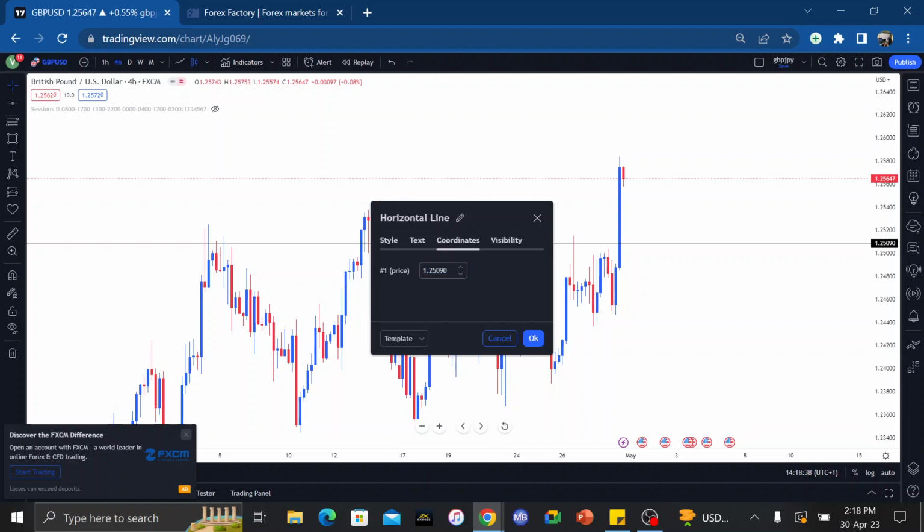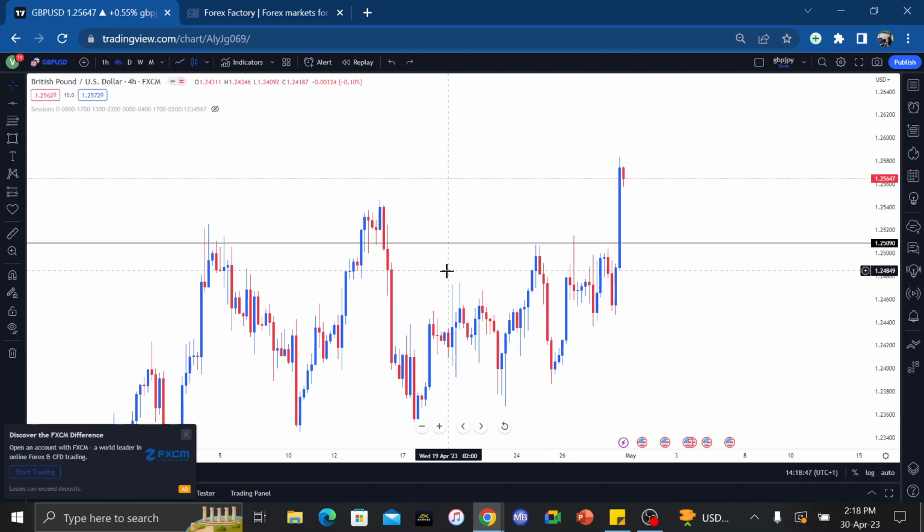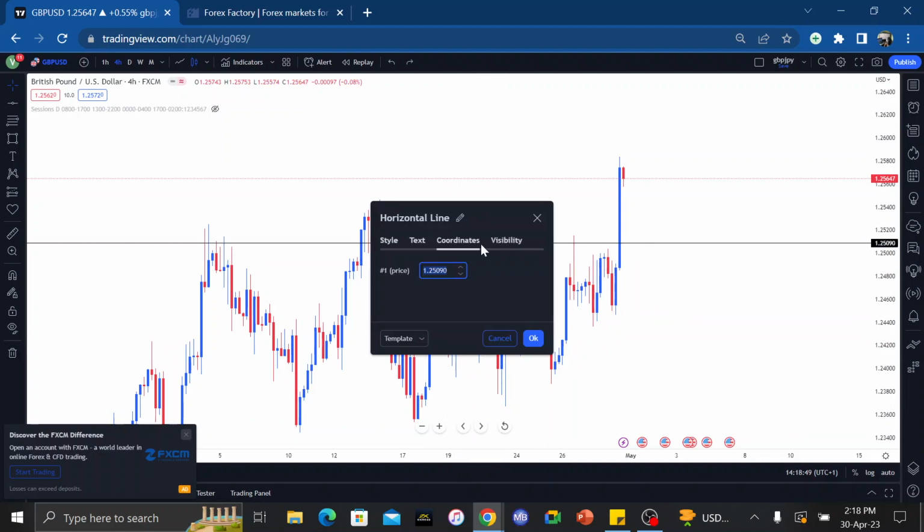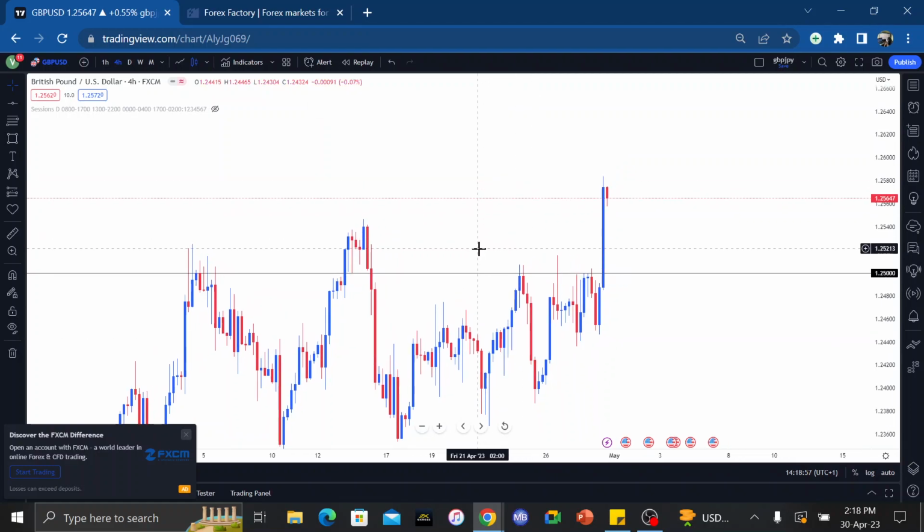This is not a random number, so I need to change it to a random number. What will make sense for me would be 1.25 thousand. That's a random number for me, and this must be relevant to the current chart, and you can see it's relevant to this current chart.